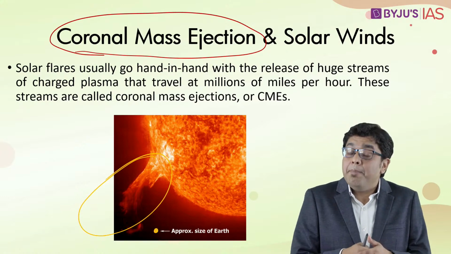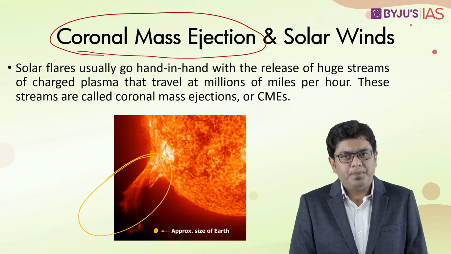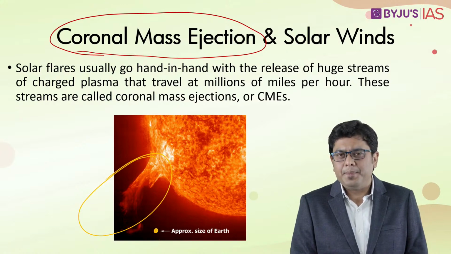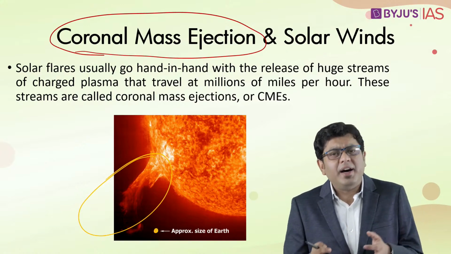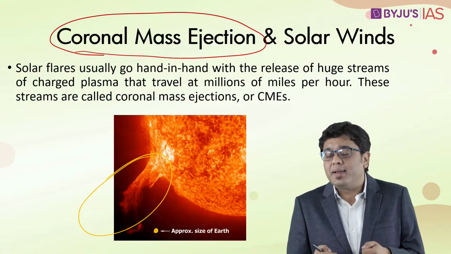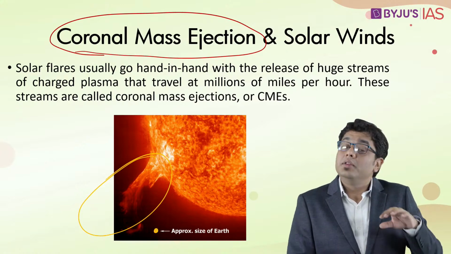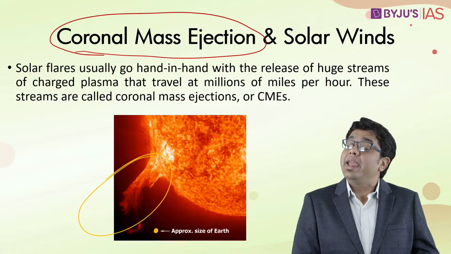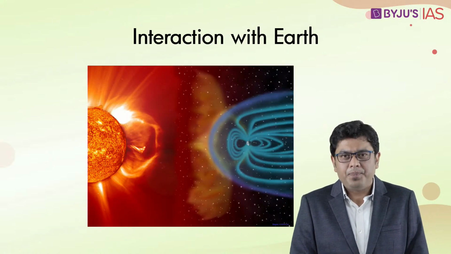So they are able to cover almost the entire solar system, and it reaches Earth very, very quickly. And when this mass of plasma or charged particles hits the magnetic field of the Earth, then we end up observing various incidents happening.